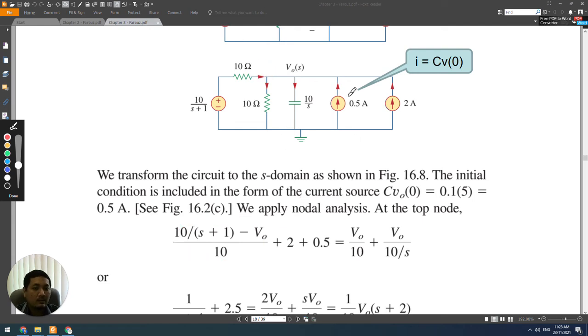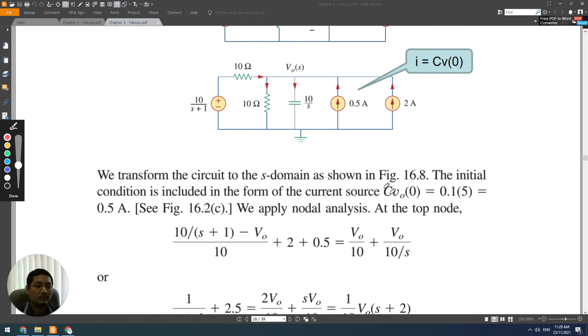And then these two are the currents also going into the node, 2 and 0.5. Next is the current going away from the node. This one is V out minus 0 divided by 10 ohm. And then the second is V out minus 0 divided by 10 over S.